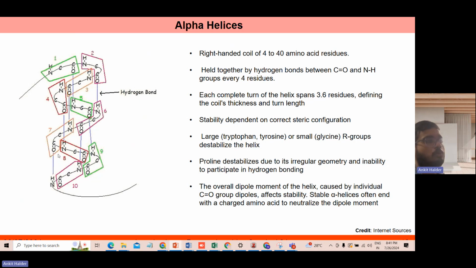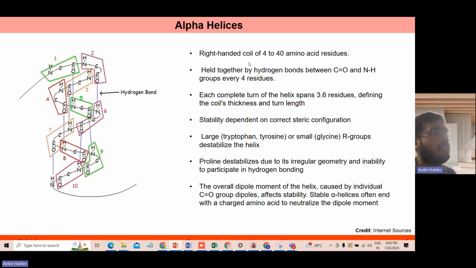If you visualize any protein structure in the PDB or anywhere, and you see this kind of alpha helix, you can understand what the hydrogen bonds and interactions are between which residues. This is after every 4 residues, or I plus 4. Remember that it is the interaction between the ith residue and the I plus 4th residue. If we keep counting, this is the hydrogen bond, and this is how the structure is formed.